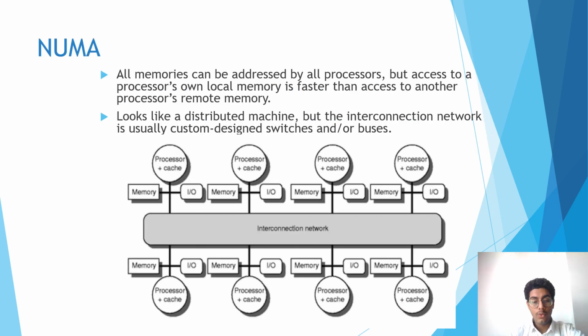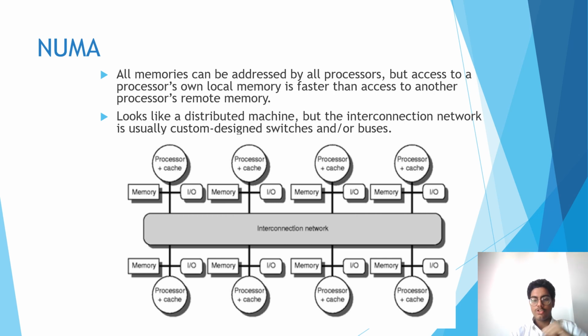Now, what is NUMA? In it, all memories can be addressed by all processors, but access to a processor's own local memory is faster than access to another processor's remote memory. I will explain this with an example which our tutor, Mr. Indrajit sir, also taught us.